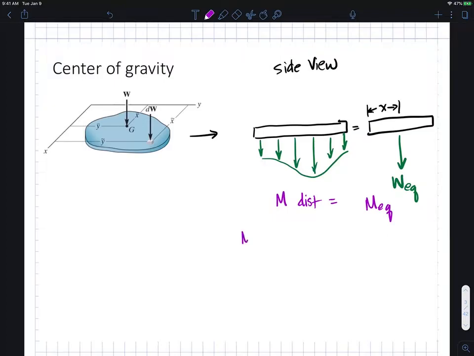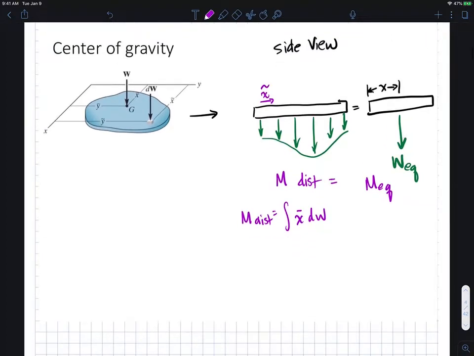And so for the distributed load moment, we would take the integral of each of the individual little ones times their dW. So, each individual x, for example, right? And so on the right-hand side, the equivalent moment would just be x times W equivalent.